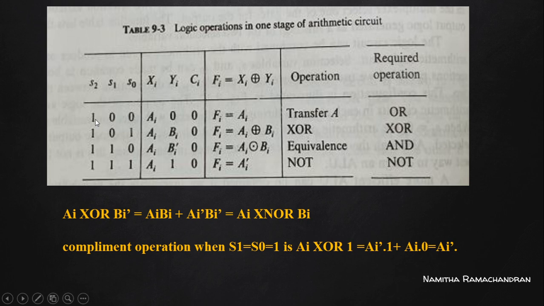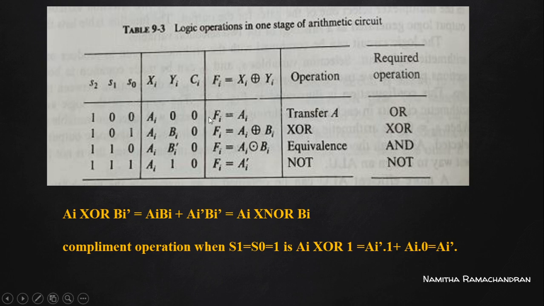So with value 1 0 0, xi and yi become Ai and 0. This is actually the case of our arithmetic circuit. With S1 equal to 0, S0 equal to 0 and Ci equal to 0, xi becomes Ai and yi is 0, and it performs the transfer operation.